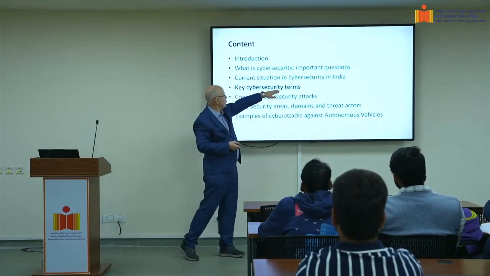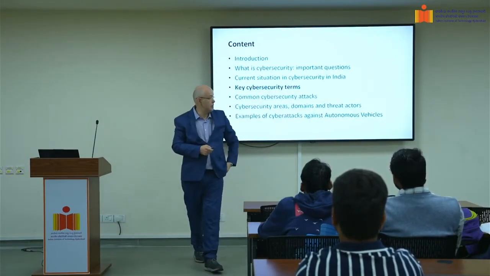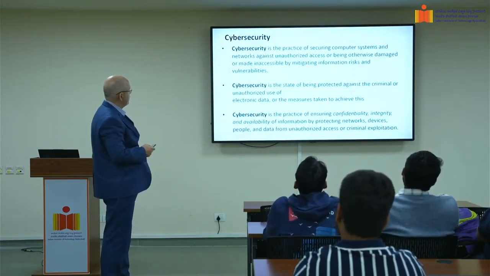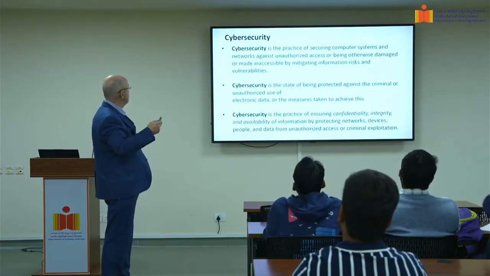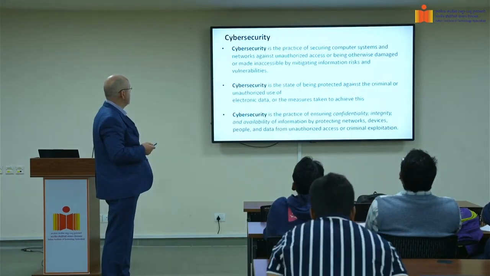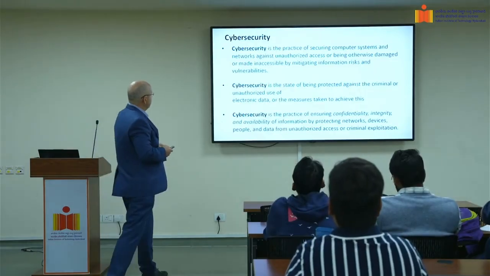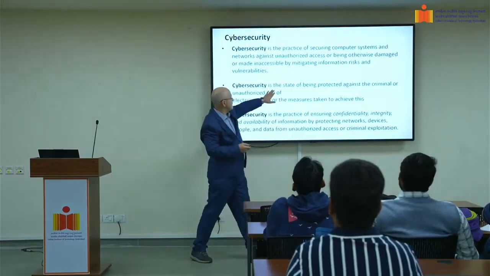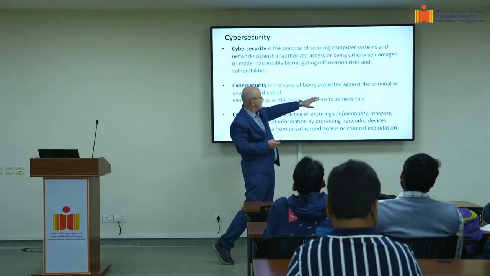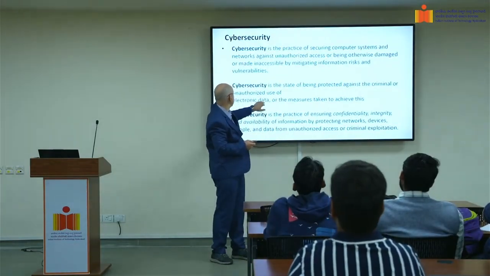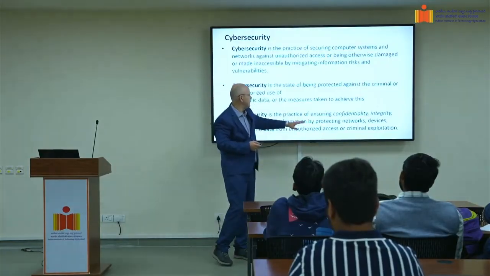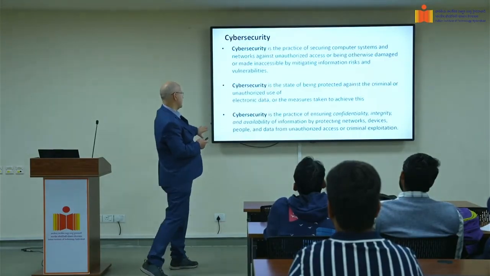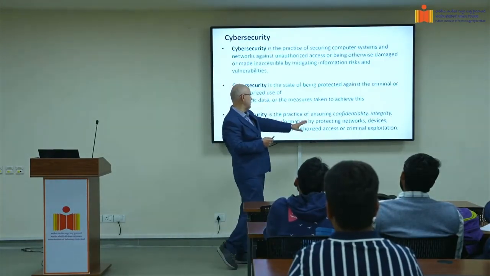So now let's go to the main topic. We already discussed with you the term cybersecurity. There is this definition: a state of being protected against the criminal and unauthorized use of data, or also security practices to ensure it.